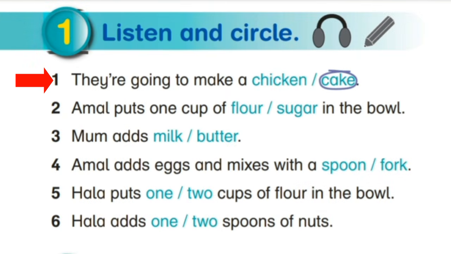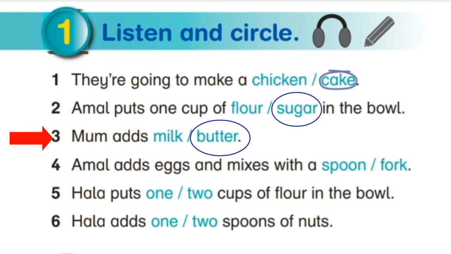We're going to make a cake. Yum! Amal, put 1 cup of sugar in the bowl. And I'm going to add 1 cup of butter. Amal, add 3 eggs and mix with a spoon.